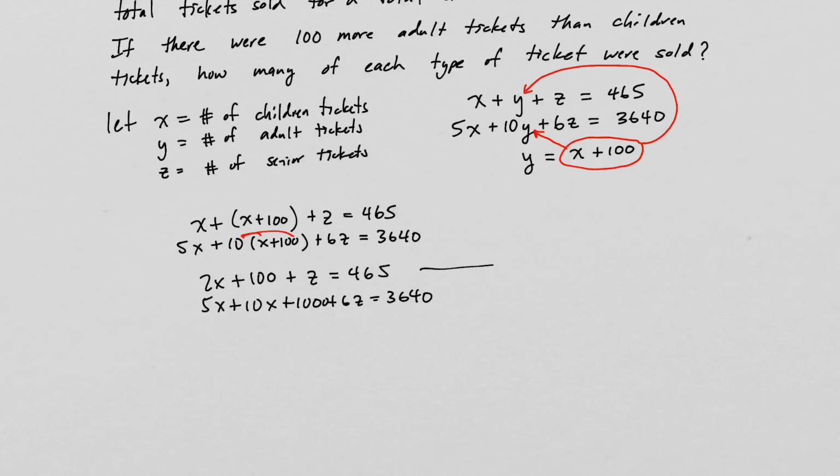Simplifying a little bit further, here we have 2x plus z equals 365. And think about what I did there. All I did basically is just subtract 100 from both sides. And for our second equation, 5x plus 10x is 15x plus 6z. And if I subtract 1,000 from both sides, we will get 2640.